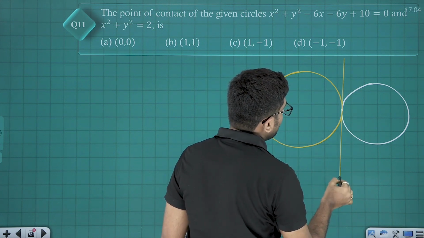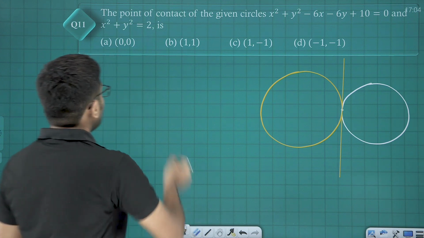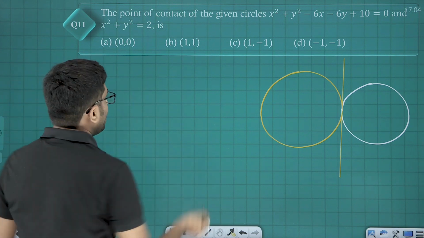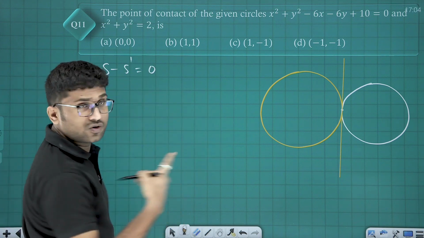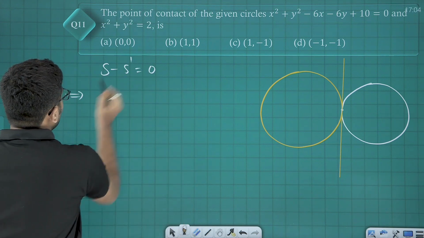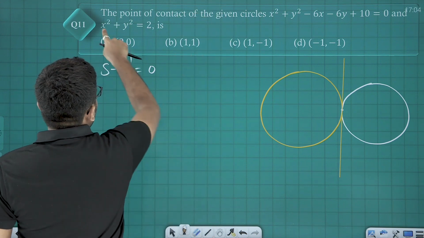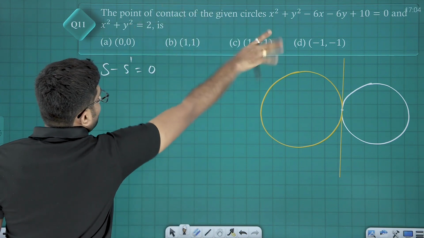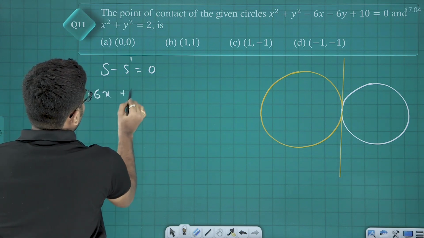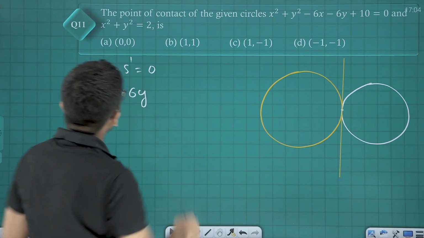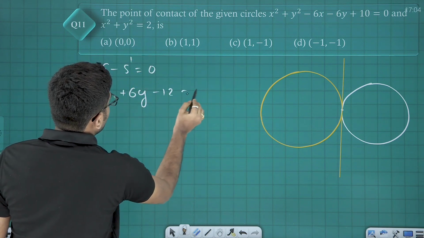There will be one common tangent passing through. So how do we get the equation of the common tangent? The common chord or common tangent will be S minus S dash equals 0. Just now we did one question, friends. Subtract this from this or that from this, anyhow. x square minus x square cancel, y square minus y square cancel, 0 minus 6x, that is 6x plus 6y, minus 2 minus 10, minus 12 equals 0.